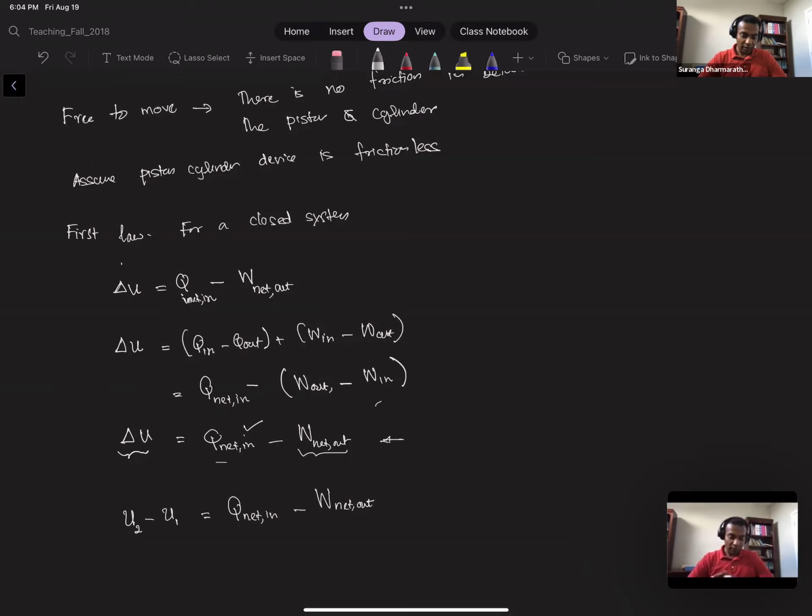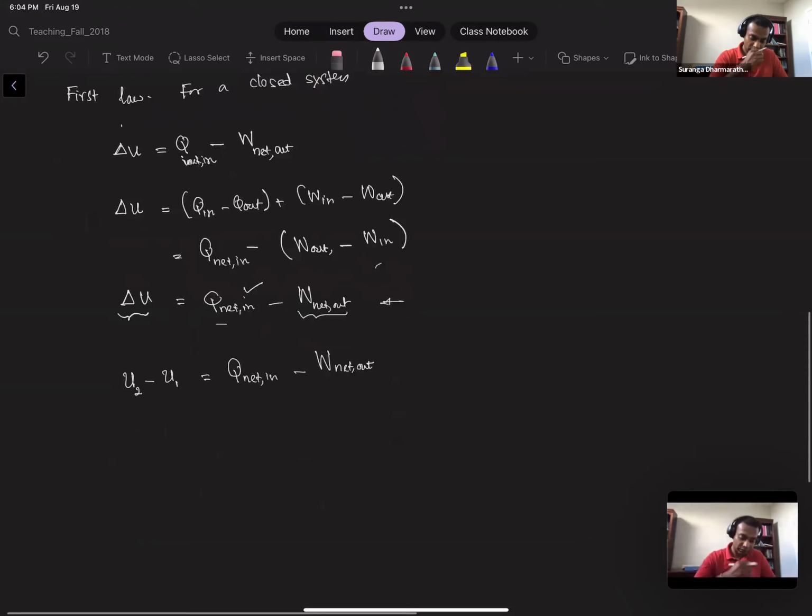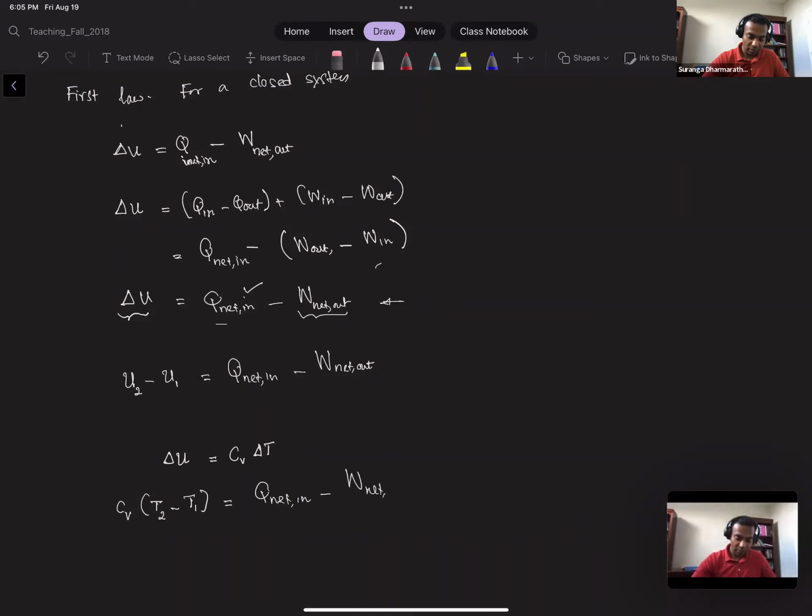If you look at ideal gases, we have an equation: delta U is equal to Cv delta T. Now we can put this equation into that and write Cv times T2 minus T1 equals Q net in minus W net out.